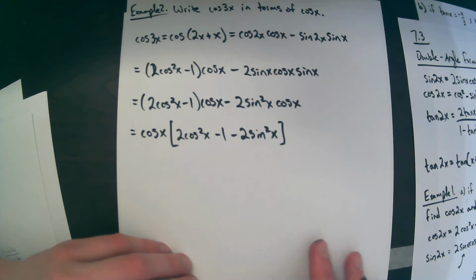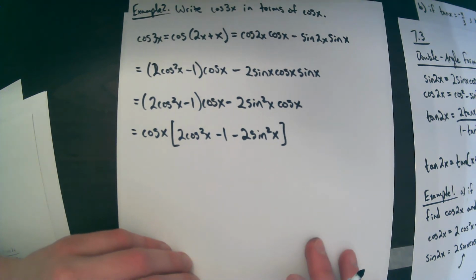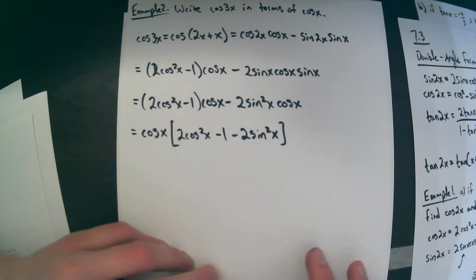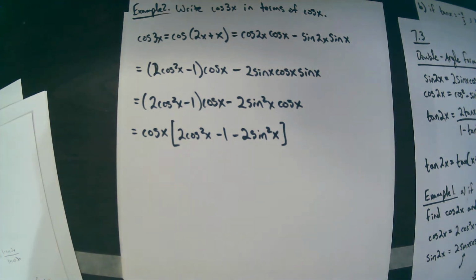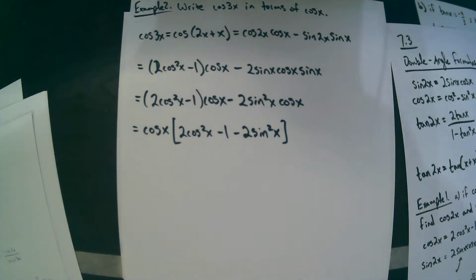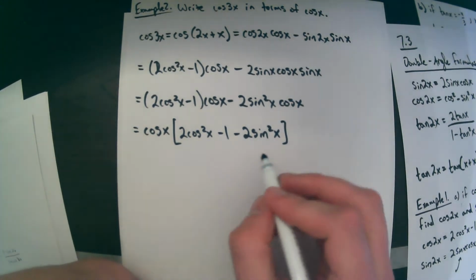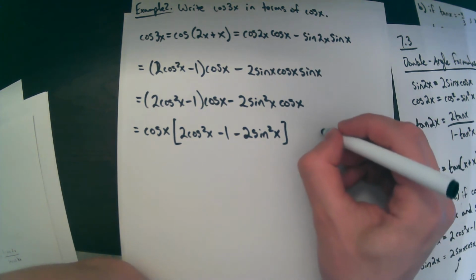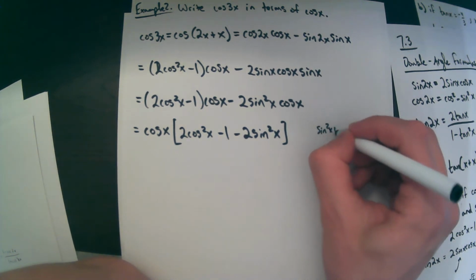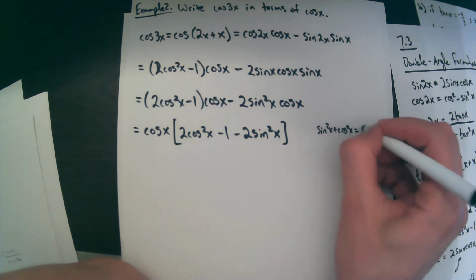Okay, and then I'm going to do something weird here. Let me think for a moment. Well, one thing I can do that would completely get rid of sine squared is use the Pythagorean identity that says sine squared x plus cosine squared x equals 1.